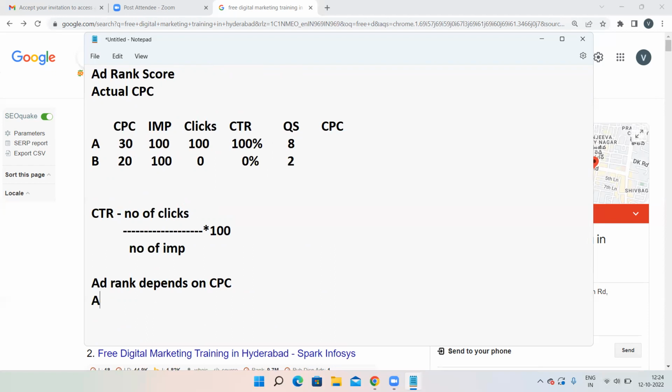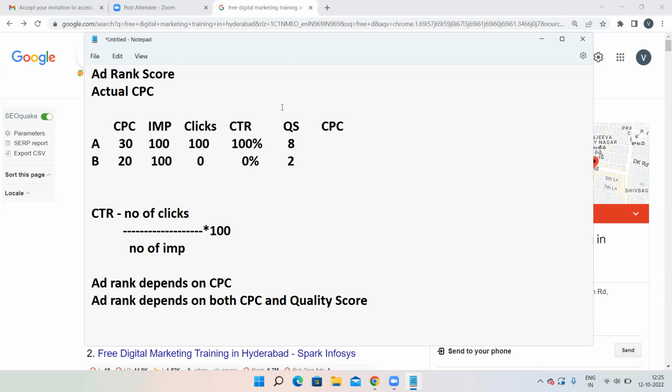No. Ad rank depends on both CPC and quality score. Your quality score is also very important.